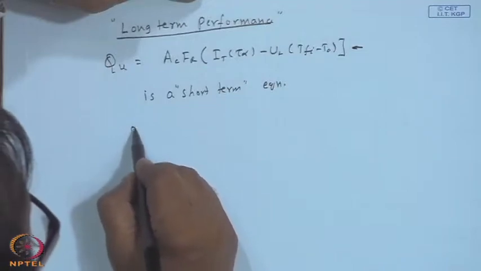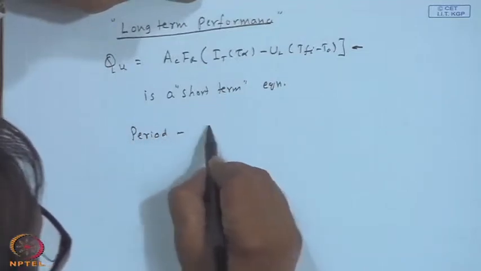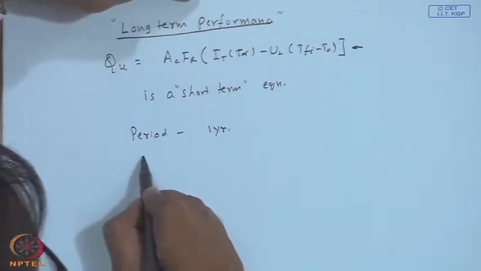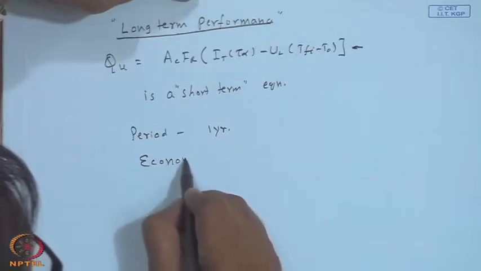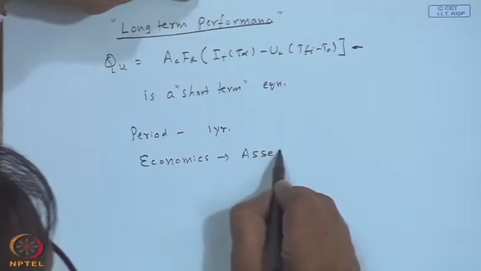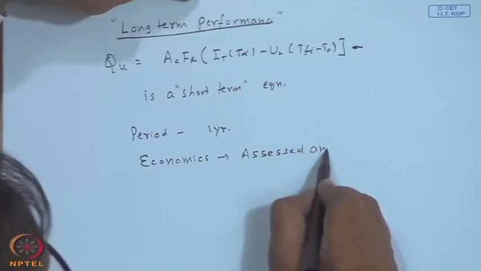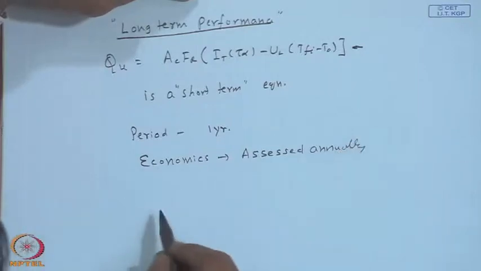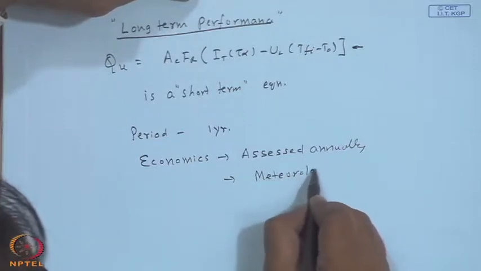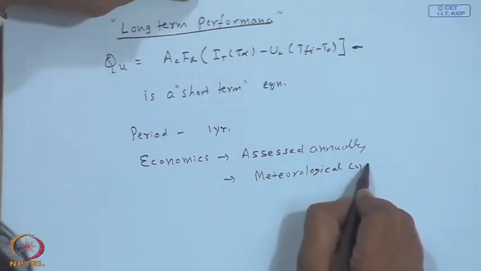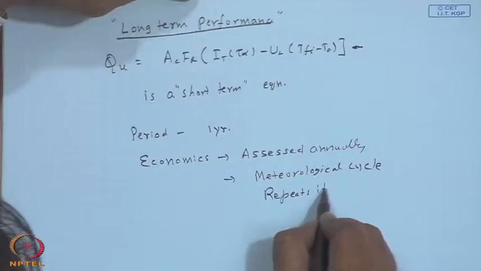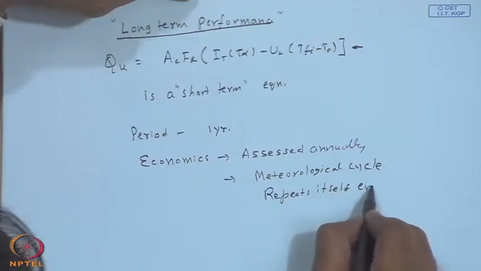The time period we choose is 1 year. There are two good reasons for it, and one is that economics is usually assessed annually. Then the second thing is that the meteorological cycle repeats itself every year.